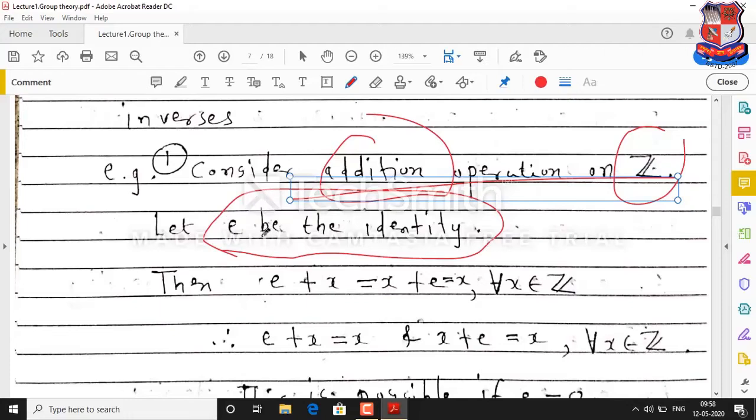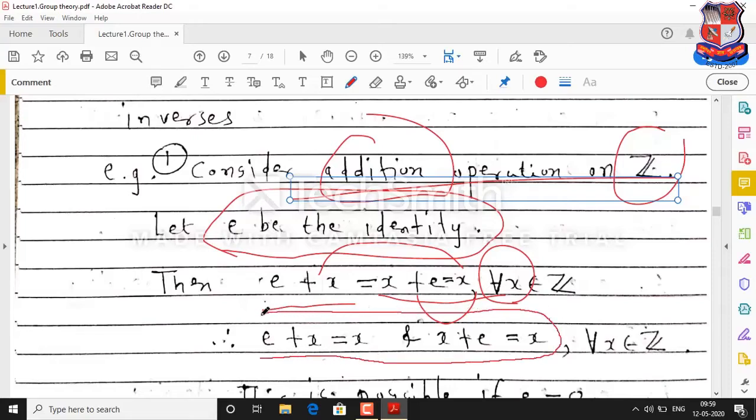So what I do, I assume that E is the identity with respect to addition operation in the set of integers. Then by definition I must have E plus X equal to X plus E equal to X, and this must be true for each element of Z. So from this I get E plus X is X and X plus E is X. Now can you guess for which fixed element of set of integers this is possible?